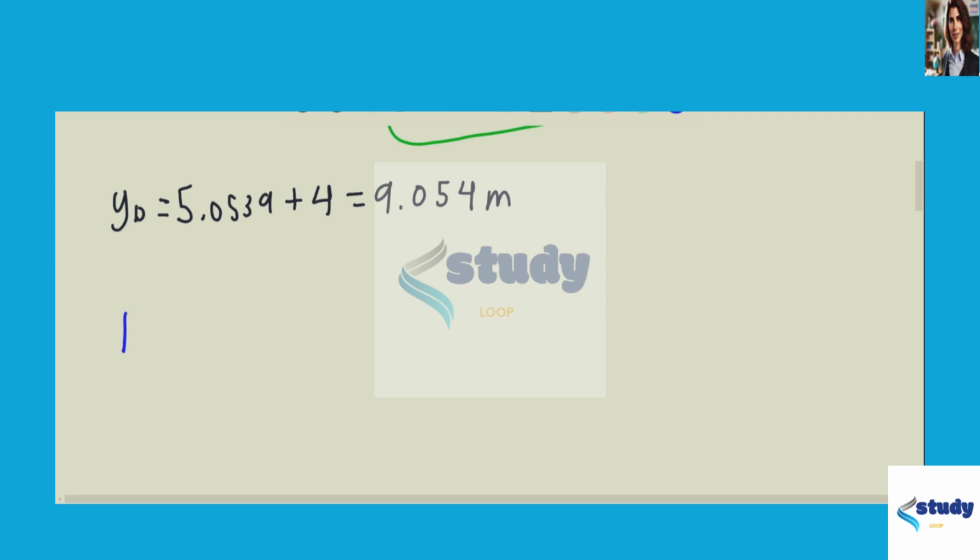So now we can write that the force is equal to the weight per unit length of the cable times the length y of d, which is also equal to the mass per unit length times the acceleration due to gravity times y of d.